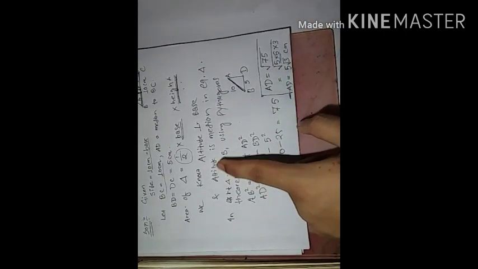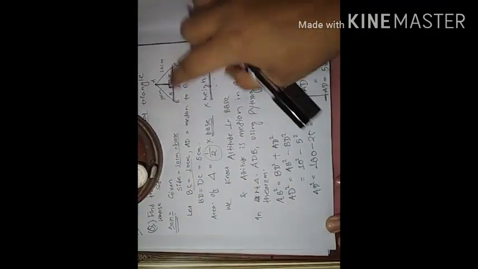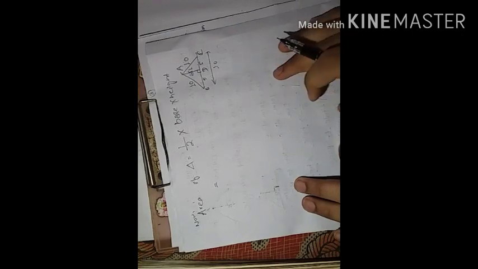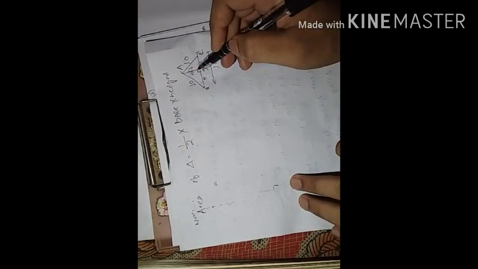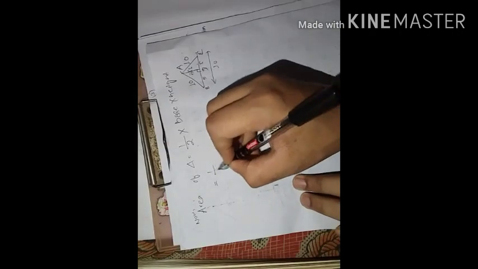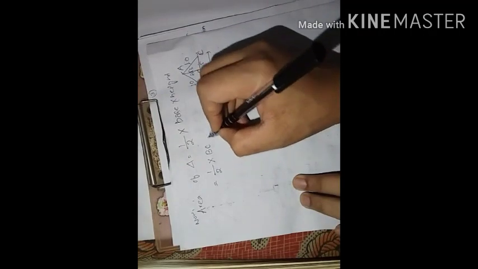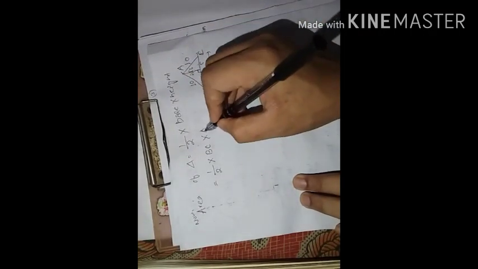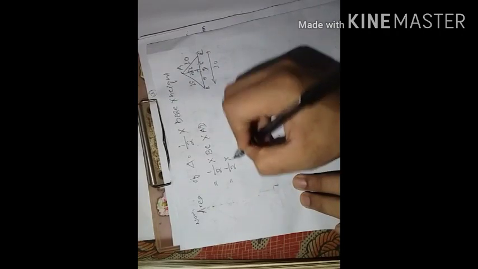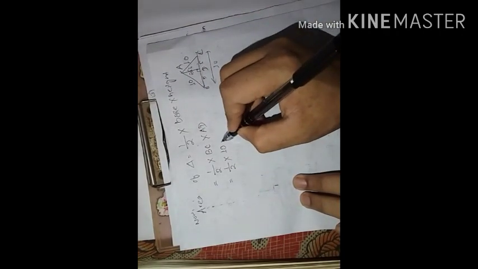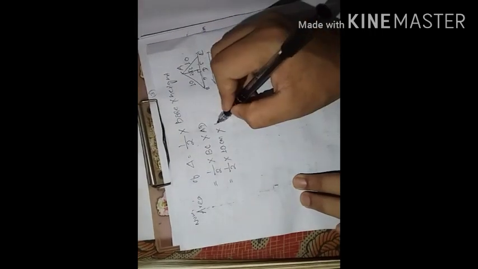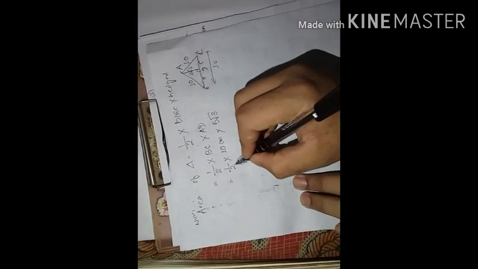AD is the altitude, and because we know altitude is median, AD is the median also. Now we have found AD equal to 5 root 3 centimeter, yes or no? So that means area is half into base into height. Base will be the total BC, and height will be AD. So half into BC, which is 10 centimeter, and AD is 5 under root 3 centimeter.